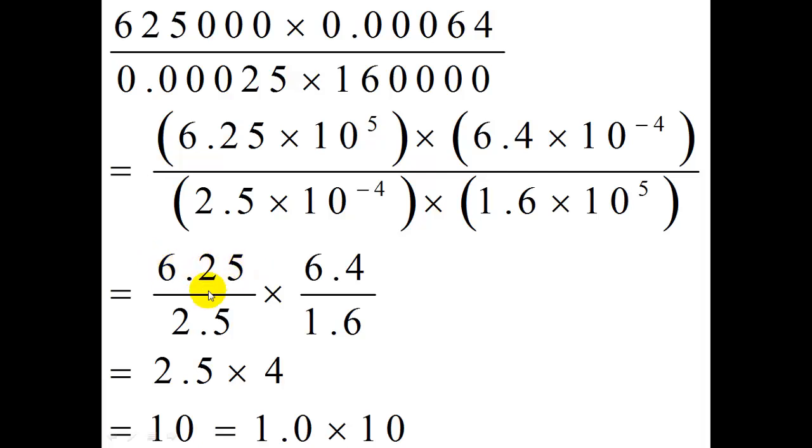Now 6.25 divided by 2.5 is equal to 2.5, and when we divide 6.4 by 1.6, the result is 4. And so 2.5 times 4 is equal to 10. Now we have our decimal point after the 0, and so we count only 1 to the left, and that will give us 1.0 times 10 raised to the power 1. But 10 raised to the power 1 is equal to 10, and that is how come we have 1.0 times 10.